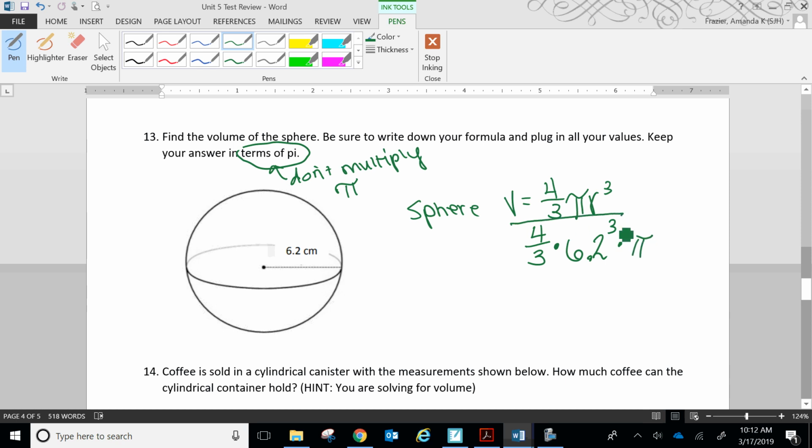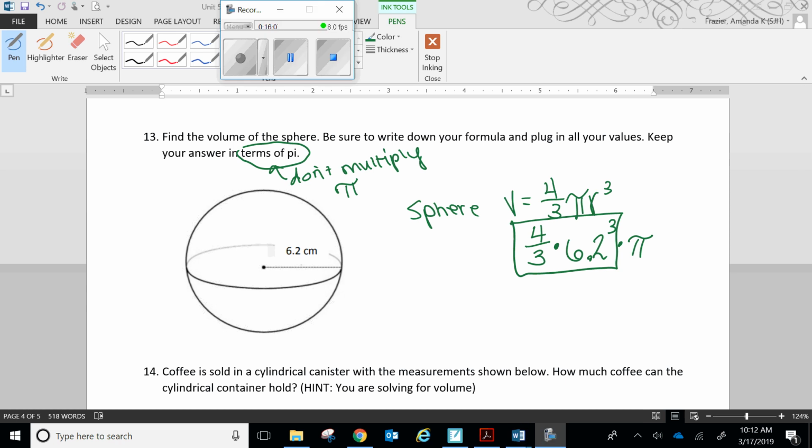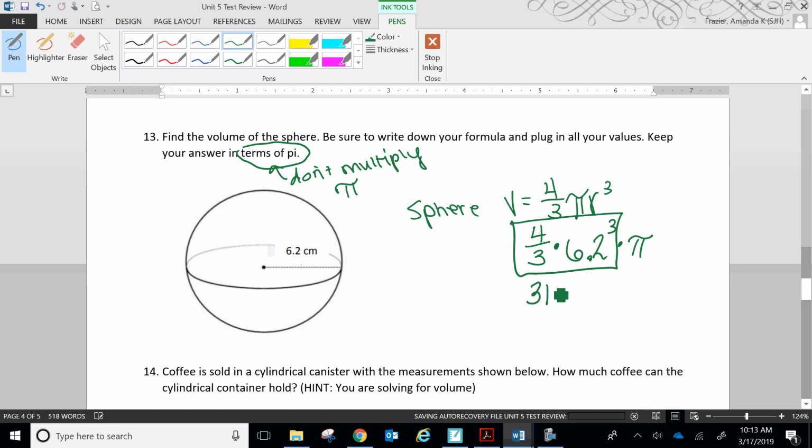So when I type into my calculator, I will only type in this piece. And I get approximately 317.8, and we know we still need to multiply pi. So my final answer is 317.8 pi centimeters cubed.